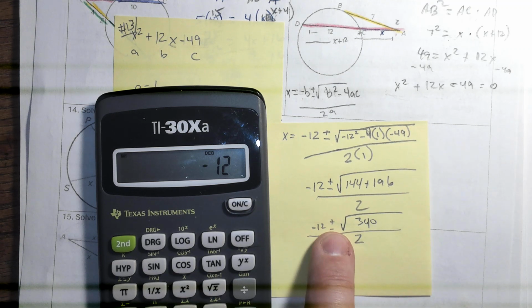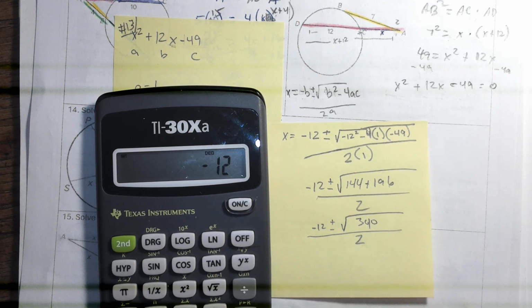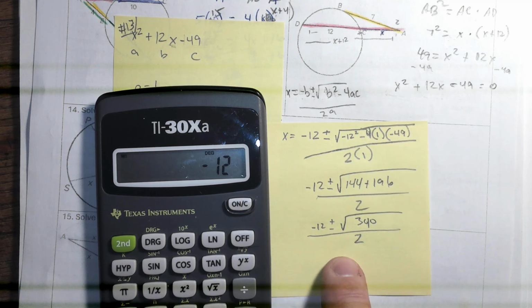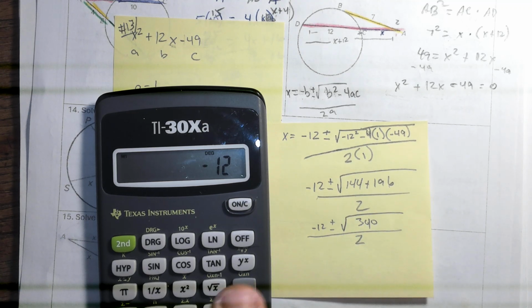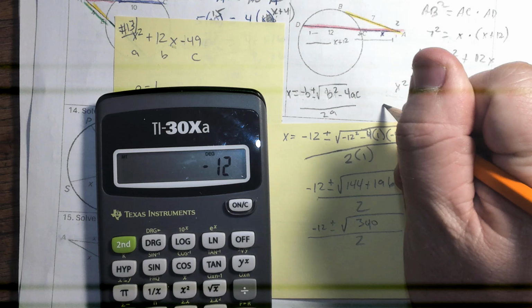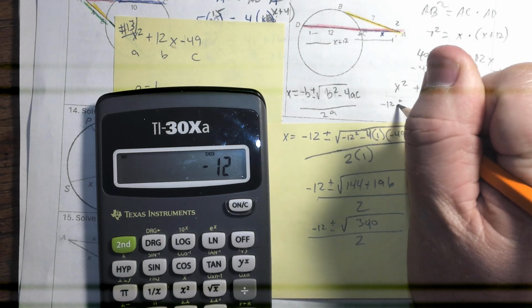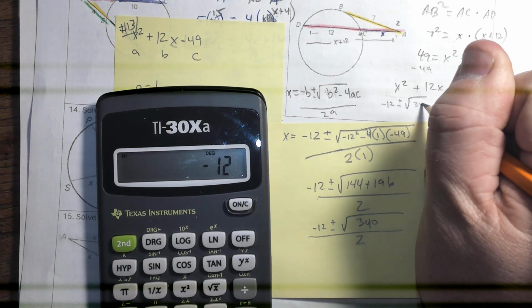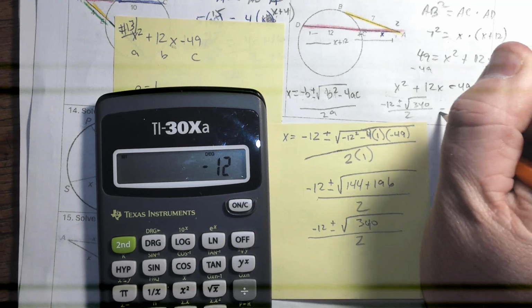So you try it plus. We should get one negative and one positive. A length can't be negative, so we go with the positive, but something I'm doing is wrong. And I keep getting both negatives, but I know which one it is, so I'm just going to show you guys. So you turn this into negative 12 plus or minus the square root of 340 over 2.